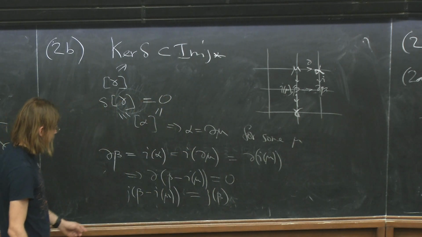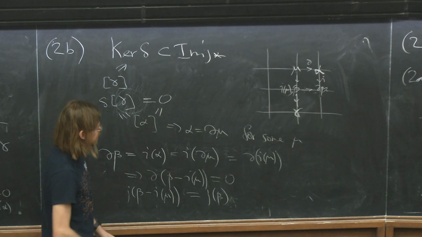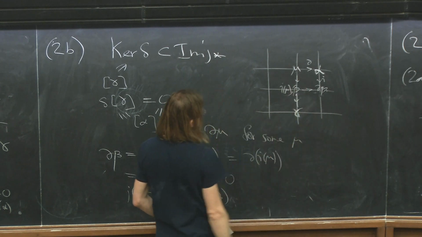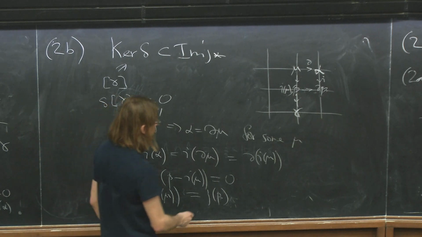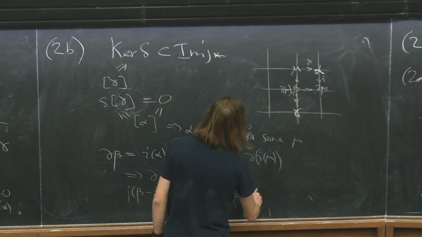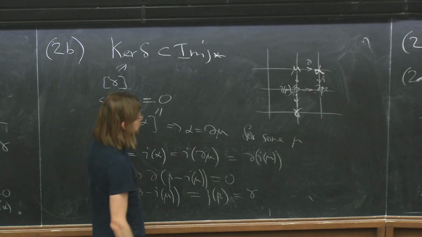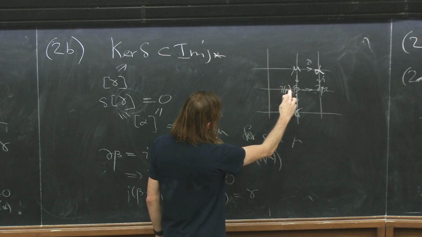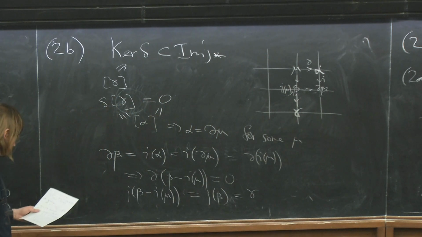This is because the composition of i with j is trivial; by our setup, the kernel of j is equal to the image of i, and j of beta is gamma. i of mu is automatically sent to 0 here. The difference between these two is also sent to gamma.